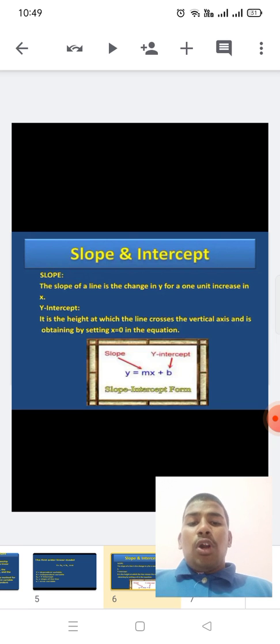The formula of slope intercept form is y = mx + b, where m is the slope and b is the y intercept.